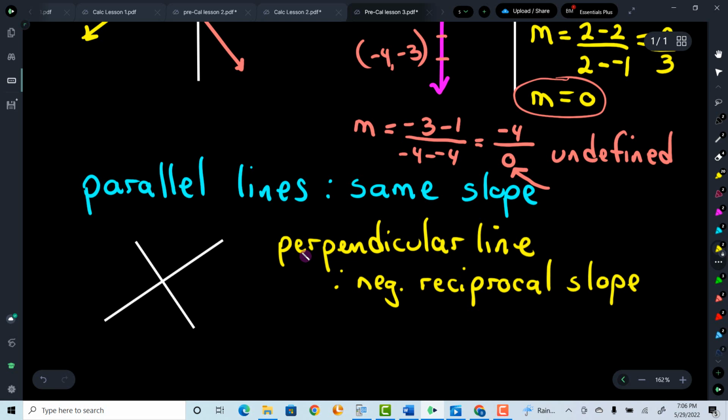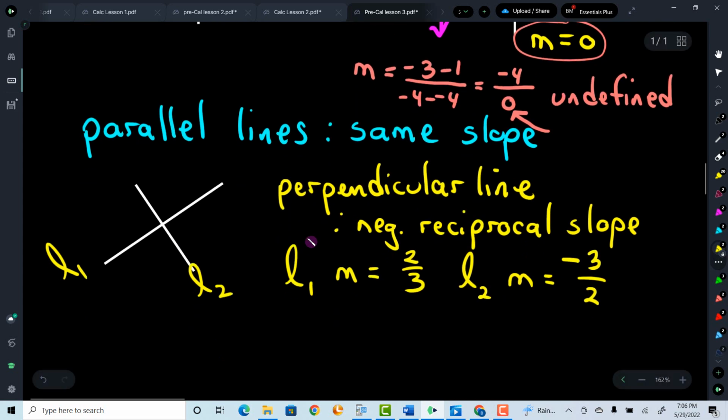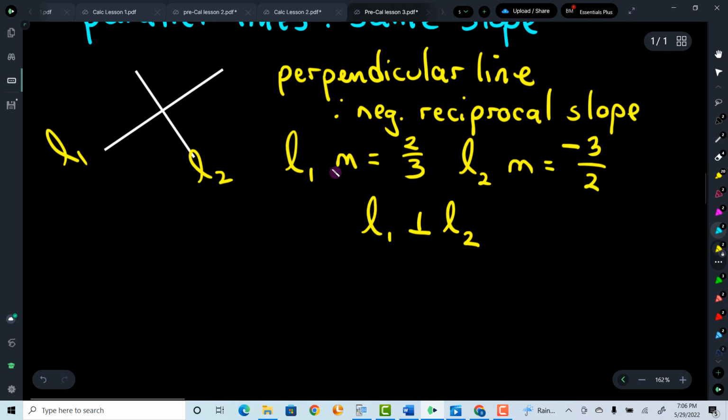So for instance, let's call this line 1 and we'll call this line 2. If line 1 has a slope of, let's say, 2/3, and line 2 has a slope of negative, right? Negative reciprocal. So reciprocal means flip it upside down. -3/2. These two lines would be perpendicular. Line 1 is perpendicular to line 2. Okay?